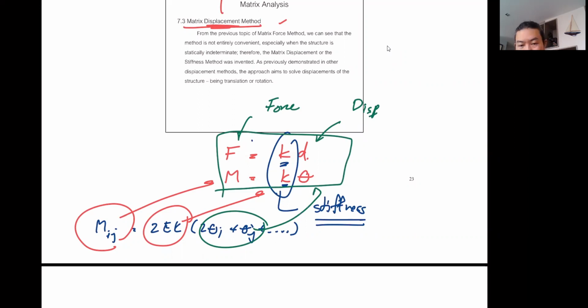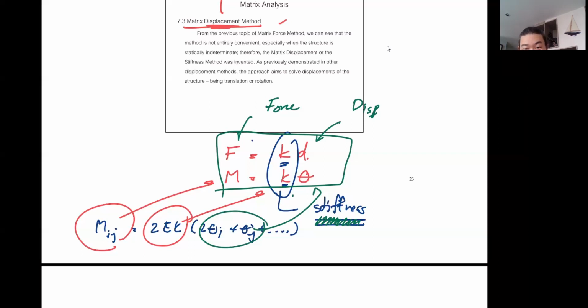Okay, and the most important thing is how the program establishes the stiffness matrix, which will relate the force to the displacement. So for computer programs nowadays, which one is better than which is judged by which one has the better stiffness matrix to describe the relationship between the force and the displacement.